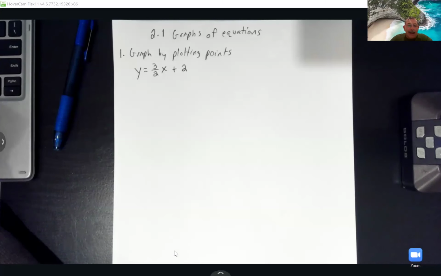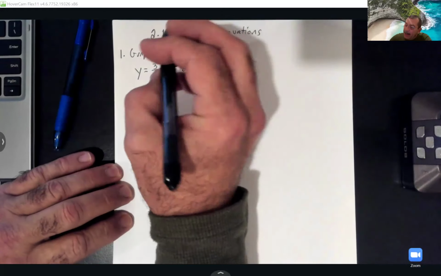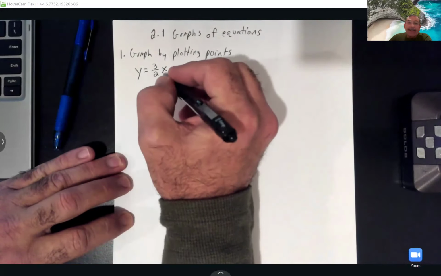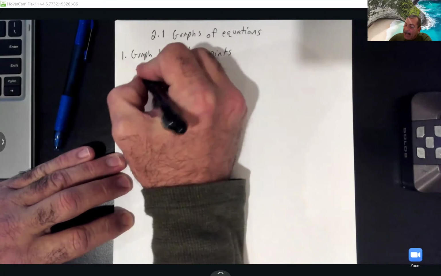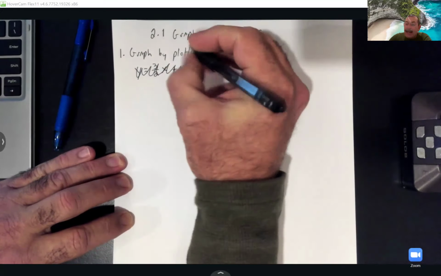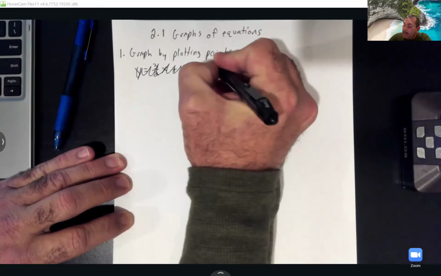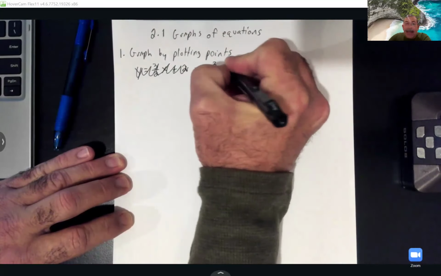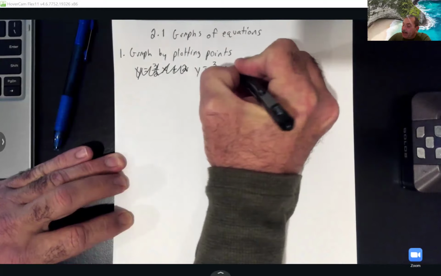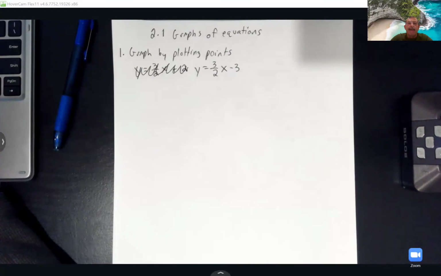All right. Now I'm going to use the one that's in that book real quick because I'm going to show y'all how to graph in MathLab. So instead of doing y equals 3/2 x plus 2 like I had, I'm going to change that and do y equals 3/2 x minus 3. All right, let me see what the chat's saying.